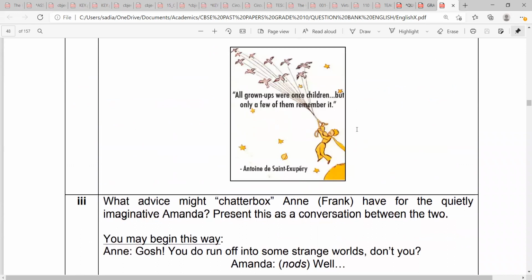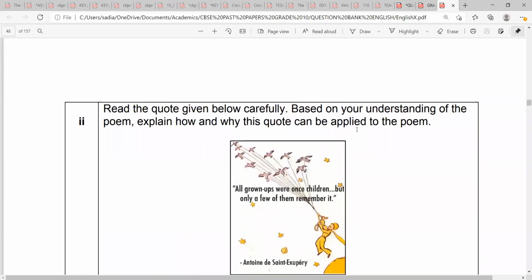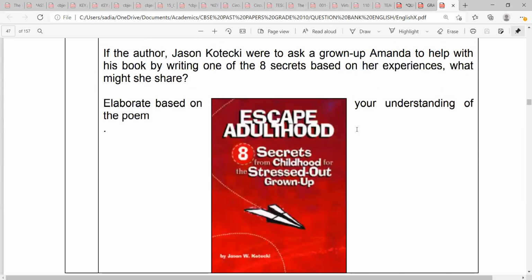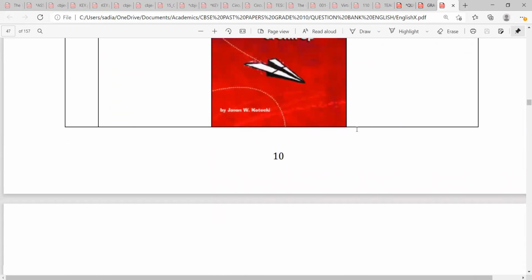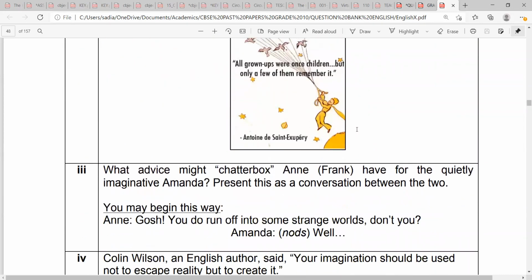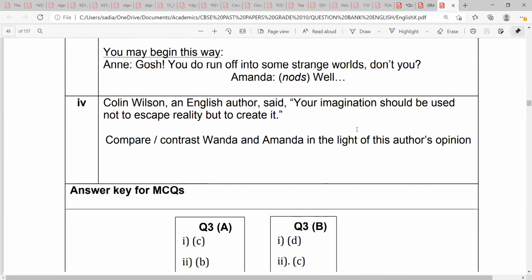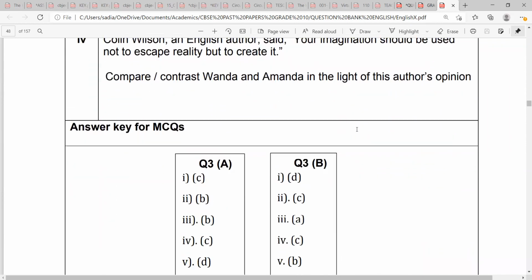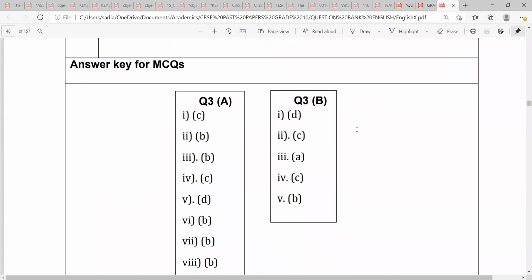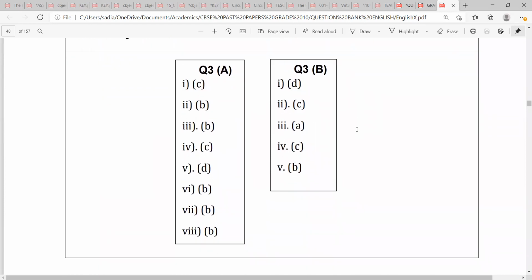Read this text very carefully. You've been asked to give your reference to the poem Escape or elaborate your understanding. So certain things are given as sample questions. Make sure that you have some understanding of those extrapolatory readings or texts given over here. Check your MCQ answers.